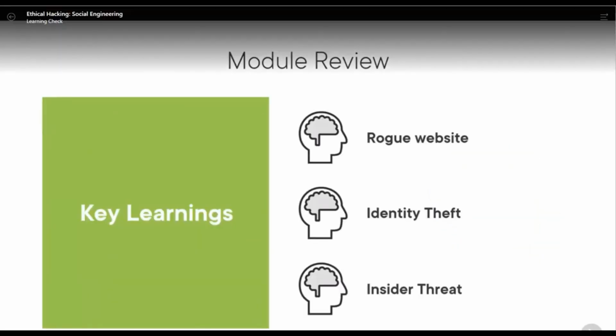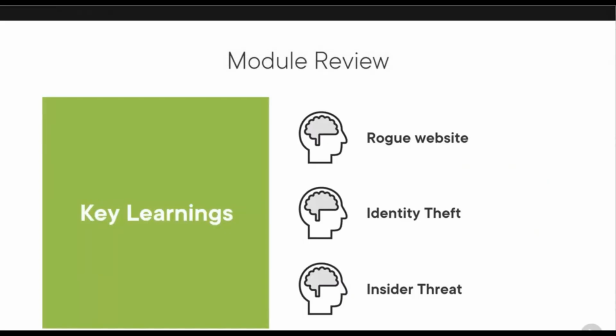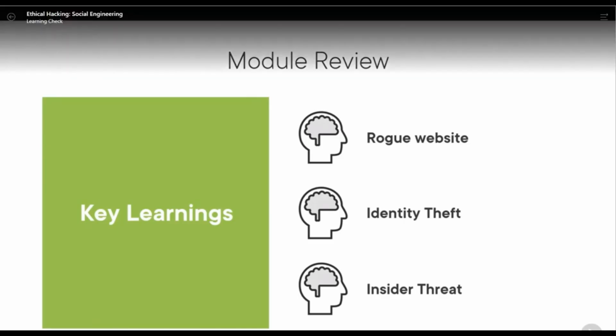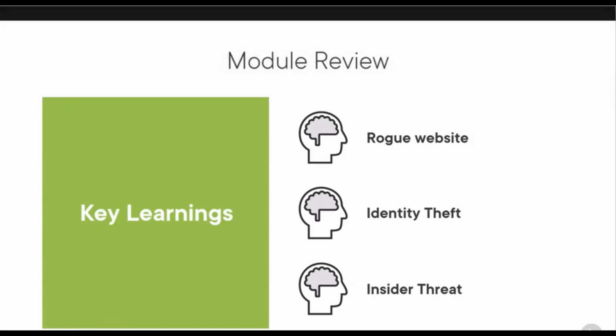We began this module with a closer look at rogue websites. We learned that using tools like the Social Engineering Toolkit, we can easily craft complex attacks and deploy them. These types of attacks can easily lead to identity theft and insider threats. We looked at how an employee may use the Social Engineering Toolkit to obtain the credentials of a supervisor or an administrative user, and we've discussed the various ways by which identity theft can lead to fraud.